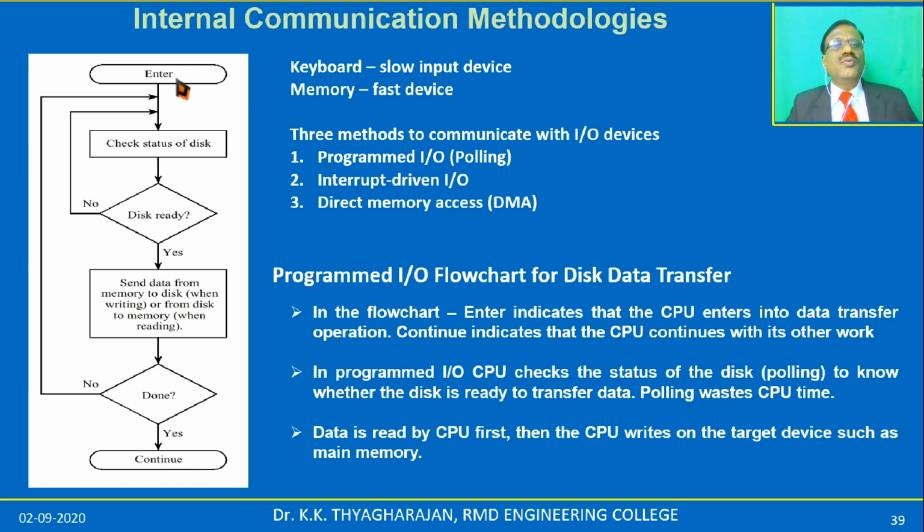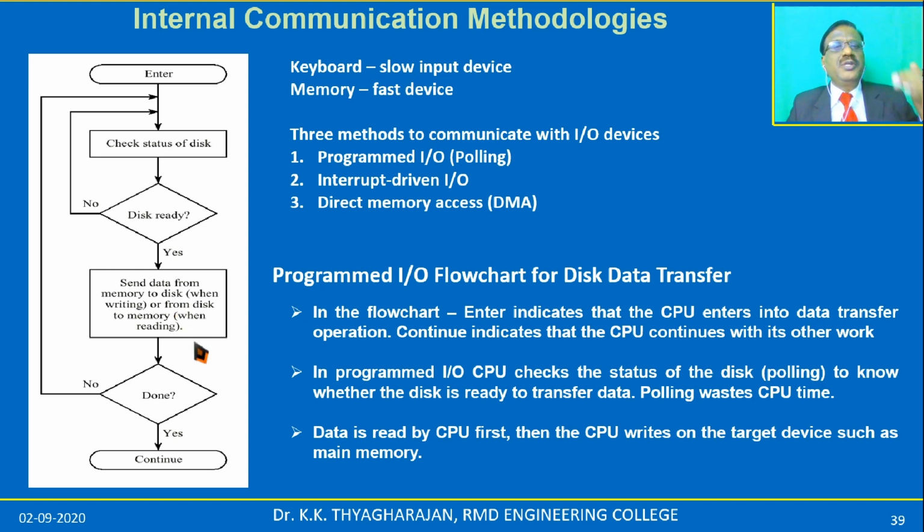When the CPU wants to transfer data from the disk, it will always be checking the status of the disk, that is, whether the disk is ready to transfer or not. If it is not ready, again it will be waiting until the disk is ready. If the disk is ready, then the disk will send data to the CPU.